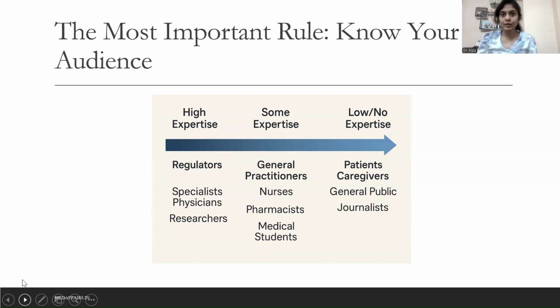Whereas if we are talking about the same scientific data for a different set of audience, such as doctors, nurses, or pharmacists, we will take the data points which are relevant to be included in a CME module. There could be some data which is not very relevant to healthcare practitioners, but some theoretical aspects need to be included in these CME modules.